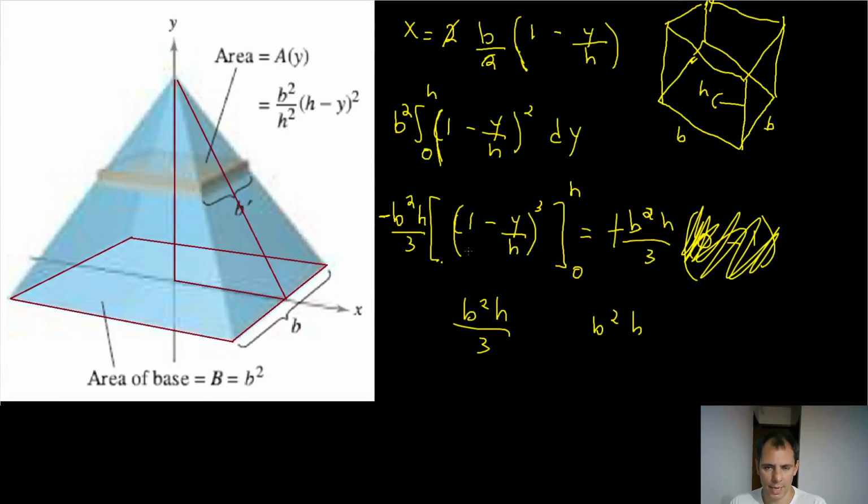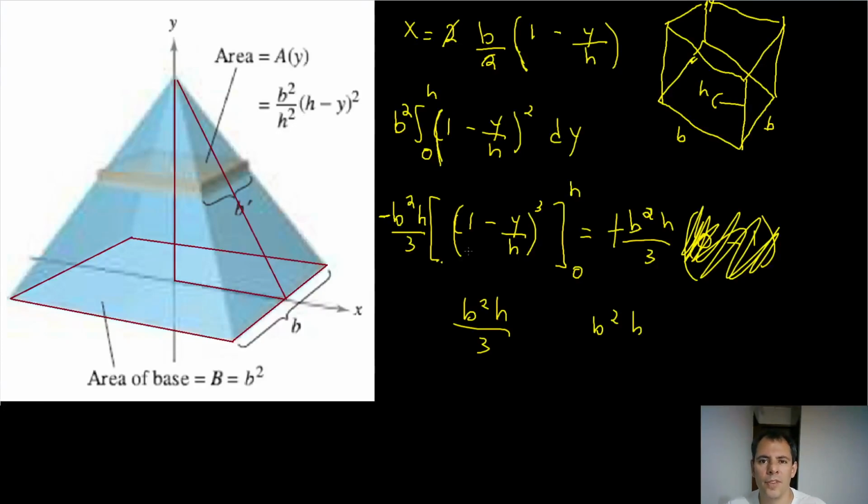But as long as the base is varying linearly with the height, at the base of the pyramid you have the total area of the base. At 1/4 of the height, you're going to have 3/4 of the base. At half of the height, you're going to have half of the base. At 3/4 of the height, you're going to have 1/4 of the base. And at the top of the height, you're going to have nothing.